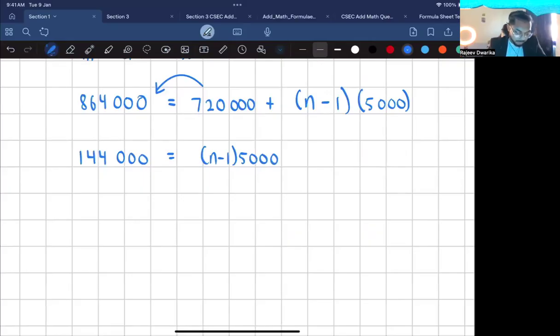So Kiara, we have n minus 1 times 5,000. Anytime you have something in brackets, what do you feel you should do? Multiply. Right, I should probably expand. So that'll be 144,000.